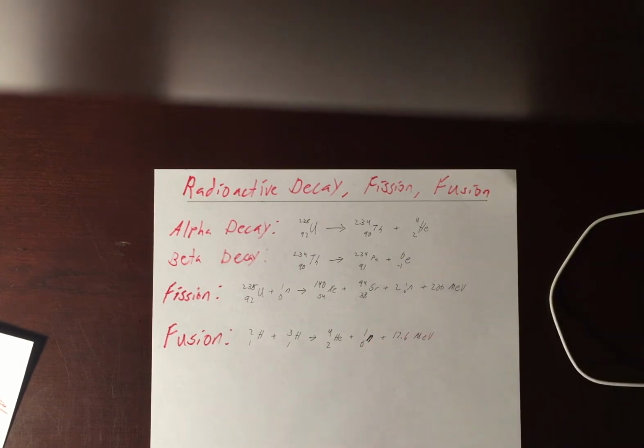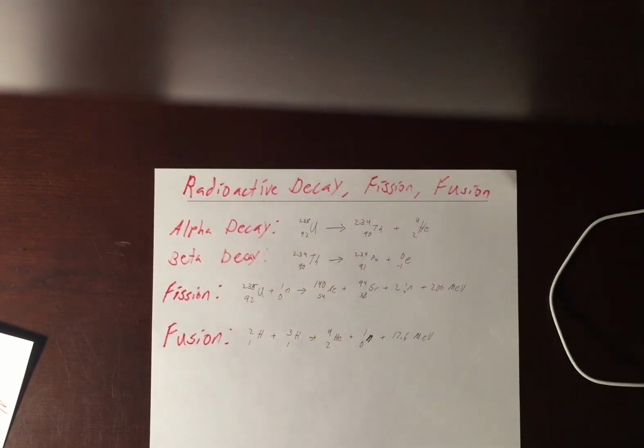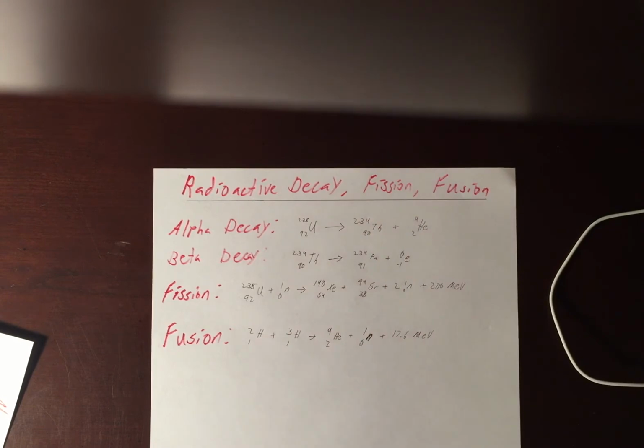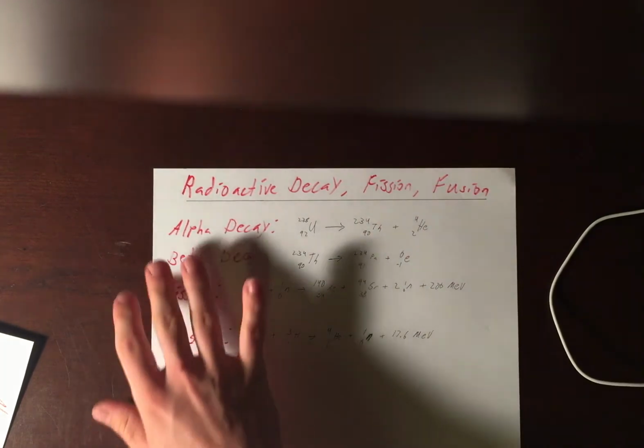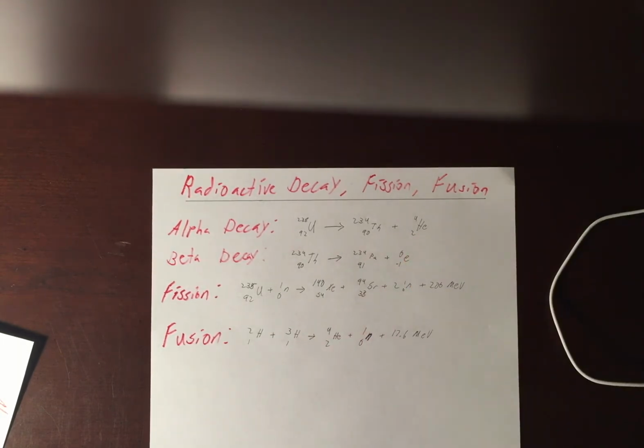And you are just going to subtract these numbers from your original element, and you are going to come up with a new element, as here it is thorium. In beta decay, you are going to take your original element and you are going to add one electron to it, and your resultant is going to be your new element. In this case, it is Pa-234, 91.